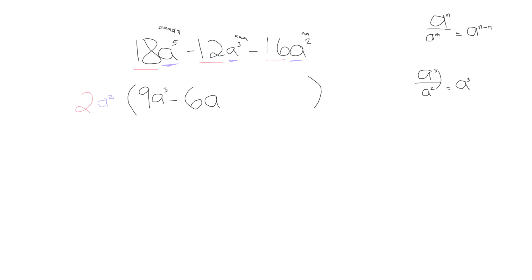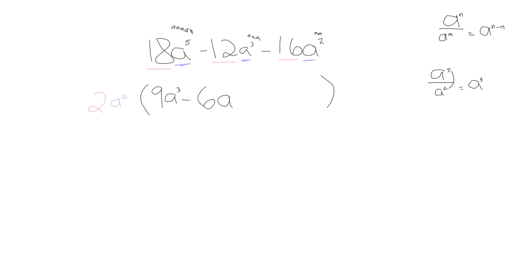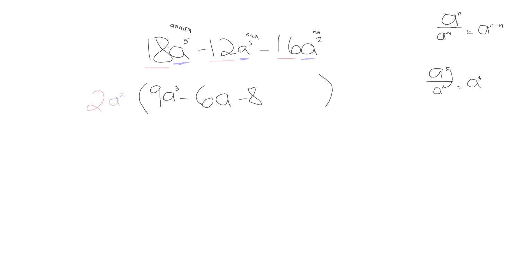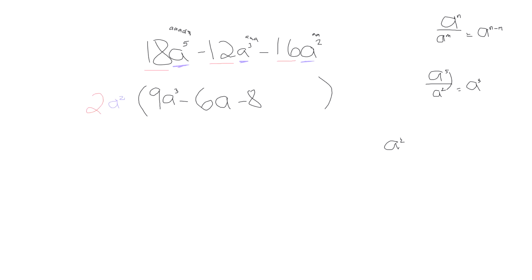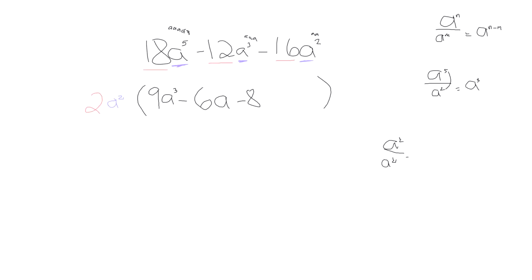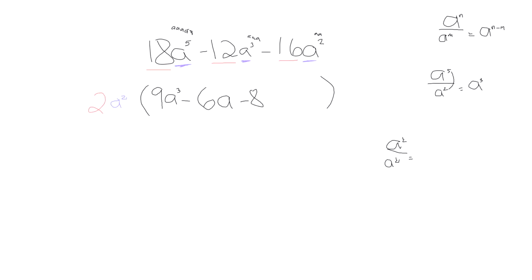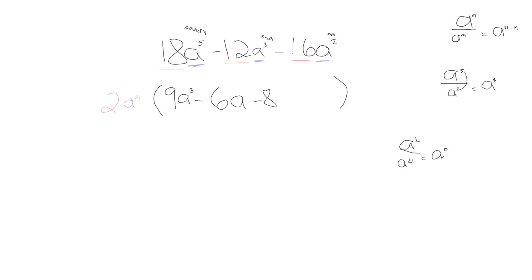2 will go into negative 16, negative 8 times. And a squared into a squared equals a to the 0. And anything to the 0 power equals 1.